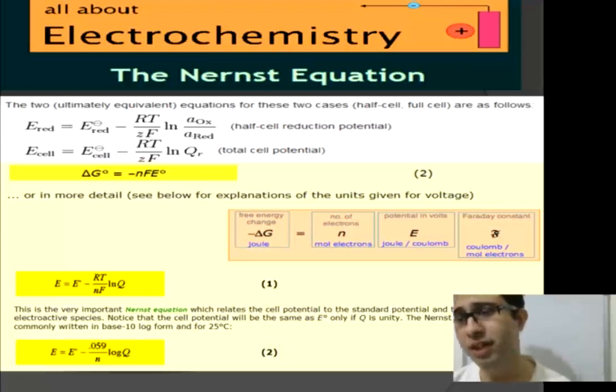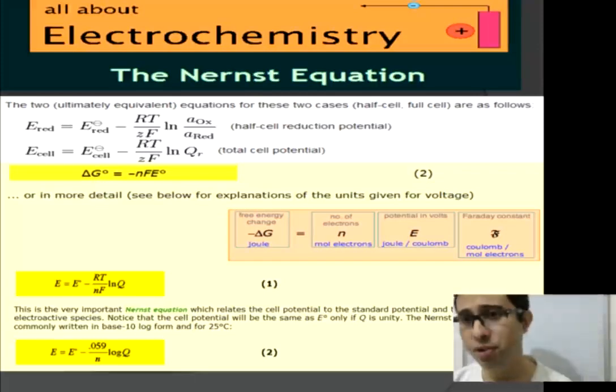You can put it like that as well. And always remember that everything we are talking about is in terms of reduction potential. This is very important.